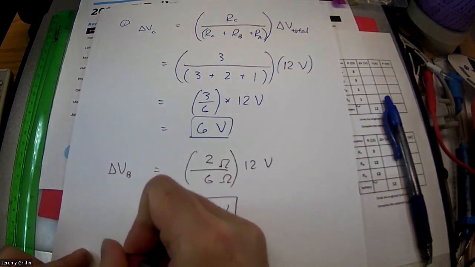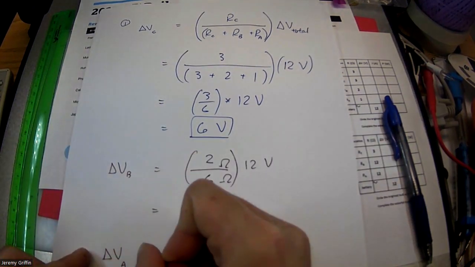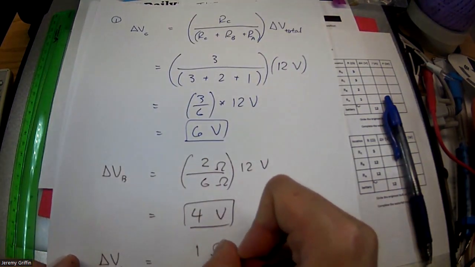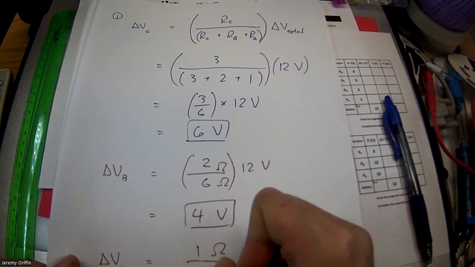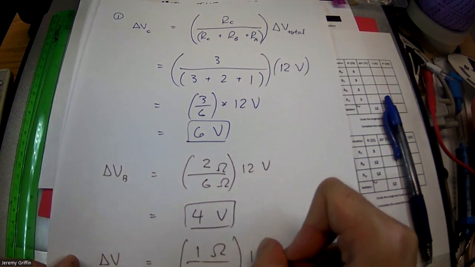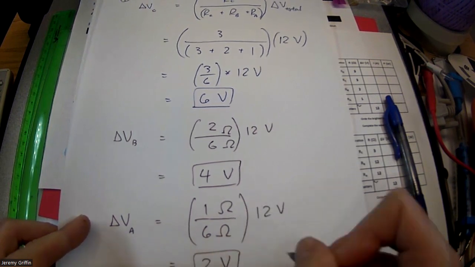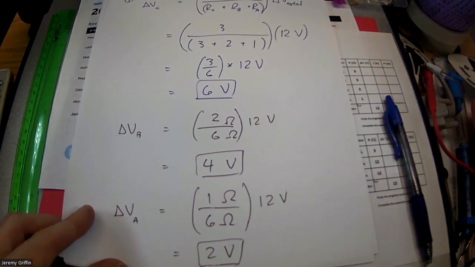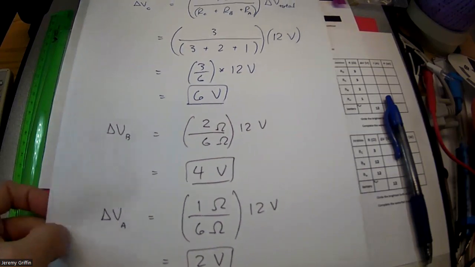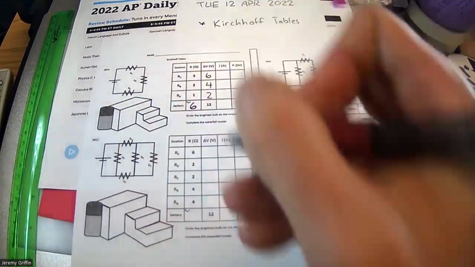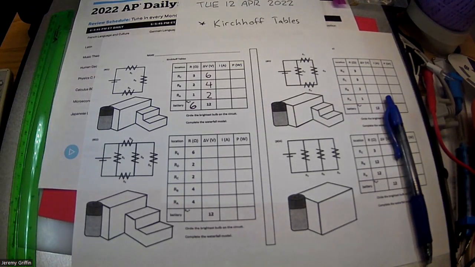And for resistor A, I have 1 ohm compared to 6 ohms. It's a sixth of 12 volts, which is a 2-volt drop. Go write those numbers in. So there's a 4-volt drop and a 2-volt drop.